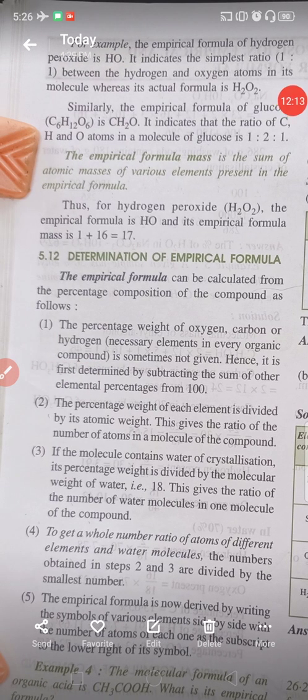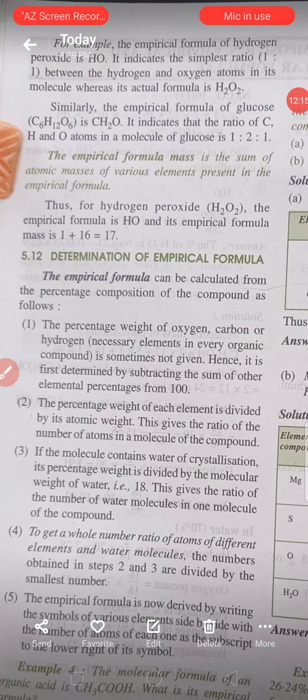Similarly, children, the empirical formula of glucose is CH2O, whereas its molecular formula is C6H12O6. The simplest ratio of carbon, hydrogen and oxygen is 1:2:1. So CH2O is the empirical formula of glucose and C6H12O6 is the molecular formula.